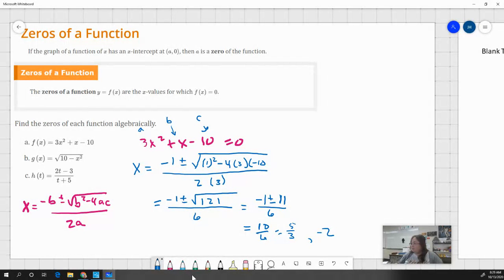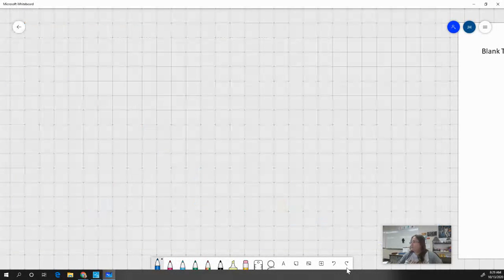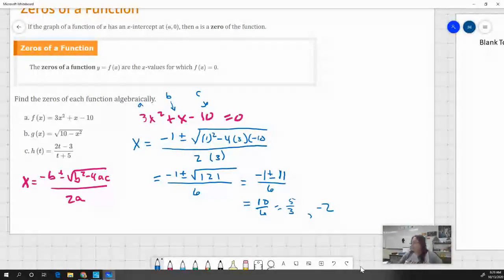So I have 2 solutions here for this problem. My 2 solutions are going to be x equals 5/3, and it equals negative 2. These are the zeros of my function. All it means when we're talking about zeros of a function is what happens when we set this equation equal to 0.